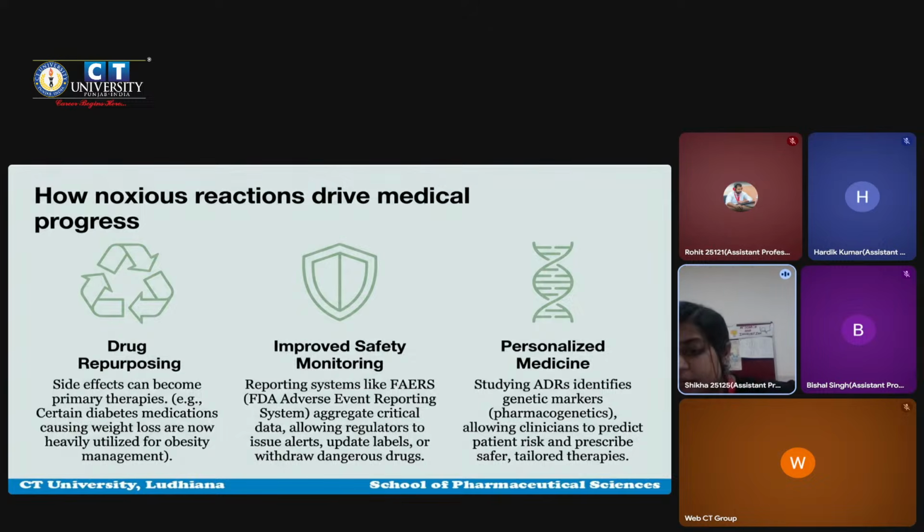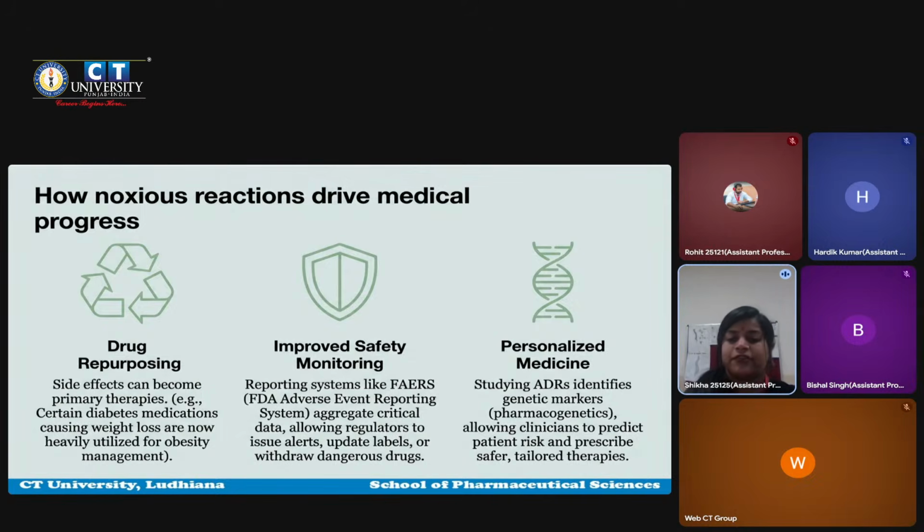Next one is personalized medication. Studying ADRs identifies genetic markers, that is pharmacogenetics, allowing clinicians to predict patient risk and prescribe safer, tailored therapies.